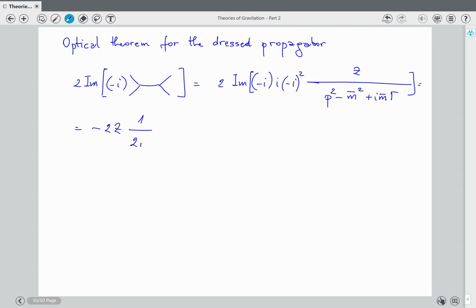So the imaginary part of that is 1 divided by 2i, p squared minus m bar squared plus i m bar gamma, minus complex conjugate, p squared minus m bar squared, minus i m bar gamma.